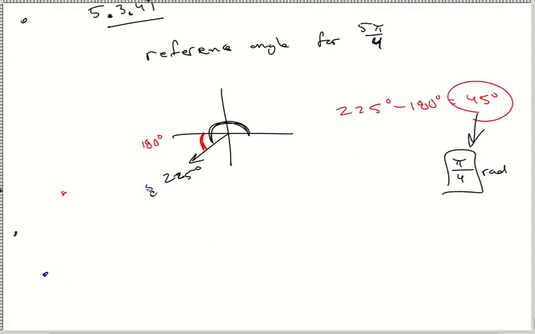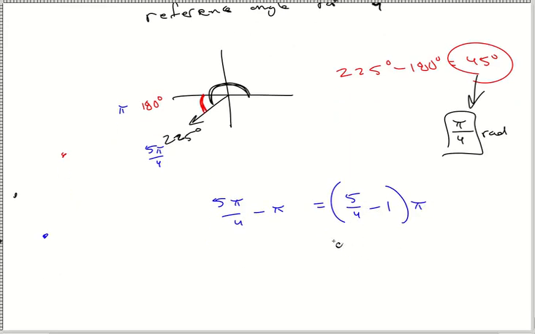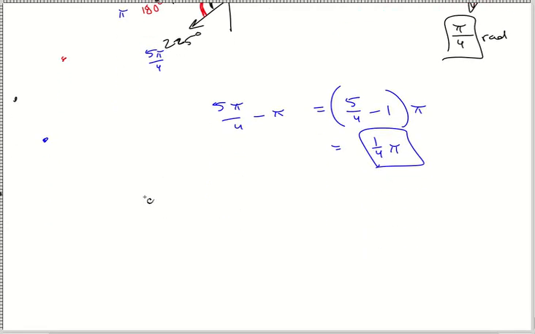And so this right here is the 5 pi over 4. And this is just pi. And so then I could subtract them like this. Remove the pi. Calculator, whatever you want to do. It's 1/4. There you go. Just another way to do it.